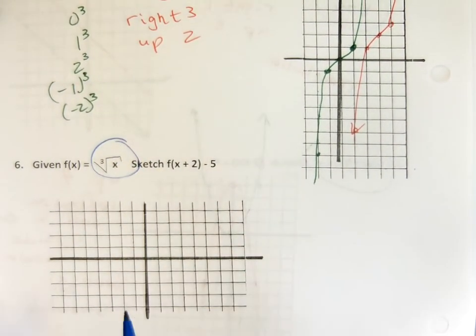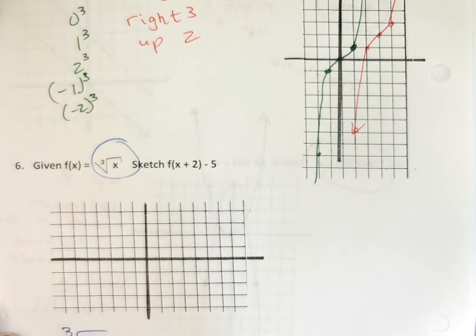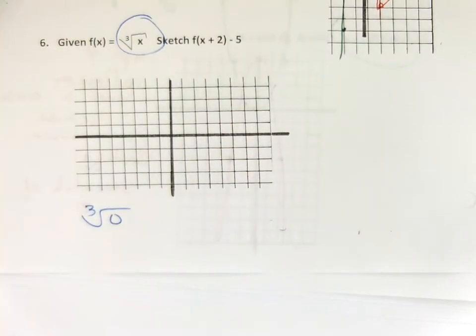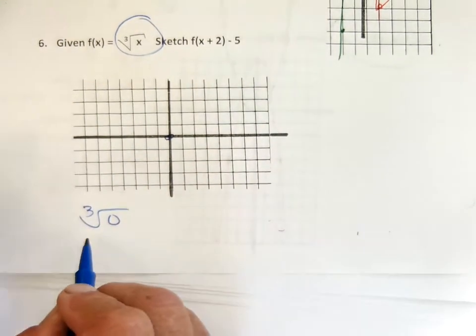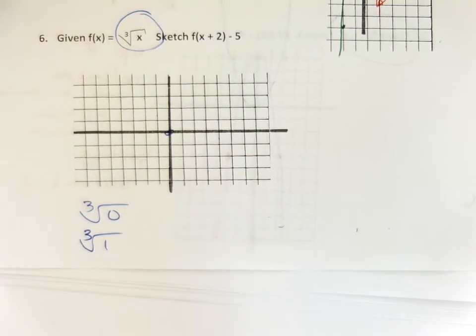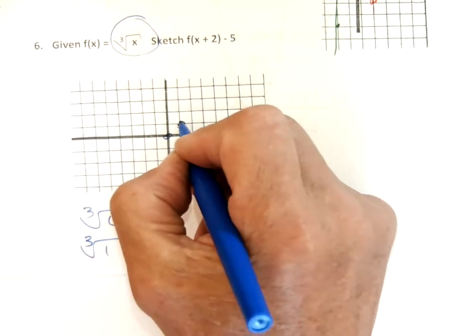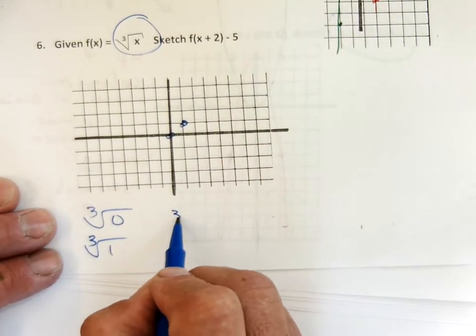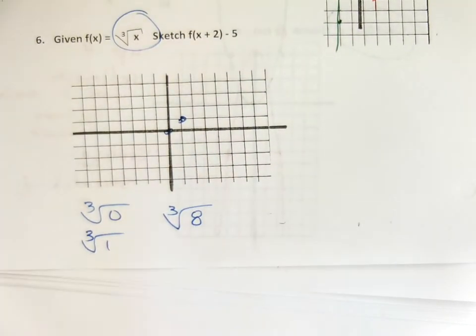All right, cube root. So, what is the cube root of 0? What times what makes 0? Good. What is the cube root of 1? What times what makes 1? Good. So then I'm going to go all the way to the cube root of 8. Because all the rest of the numbers are just ugly decimals. They really are.